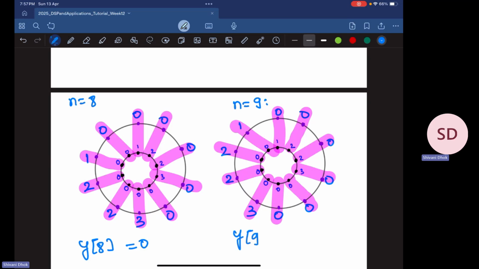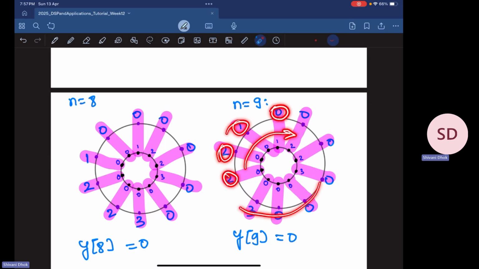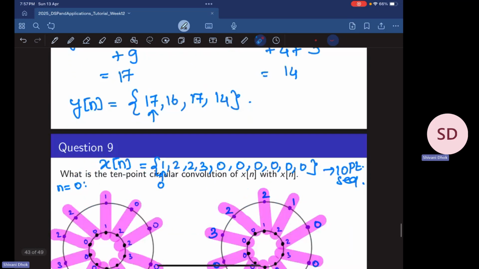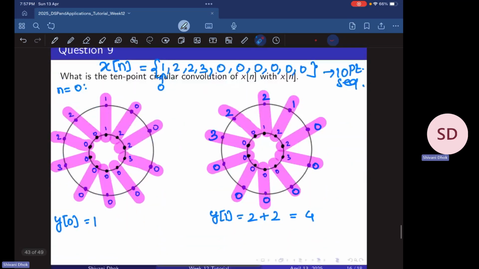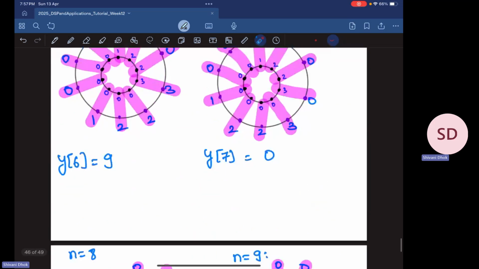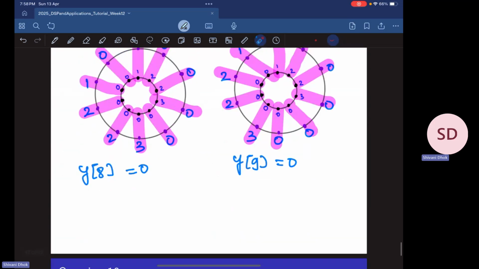So this y of 9 is also equal to 0. Now if I shift it again by 1 unit, I'll have 1, 2, 2, 3 and zeros everywhere. That is exactly equal to the value that we got for n equal to 0. Same thing we will get. Okay, so therefore the circular convolution is also a periodic quantity. After little n equal to capital N, it just starts repeating itself.